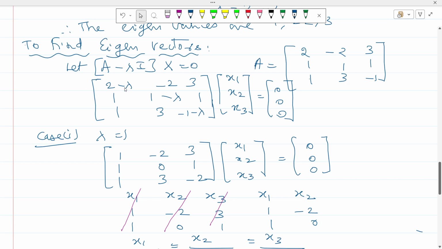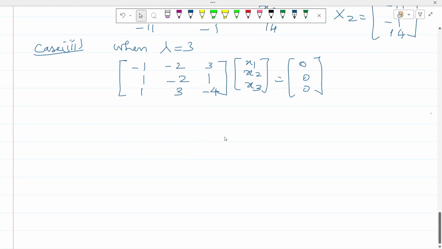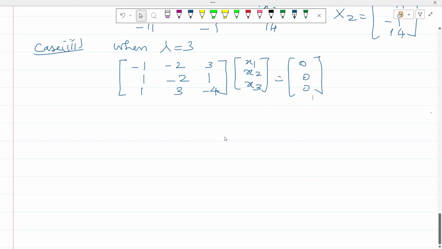When you are substituting the value, you have to do it very carefully. Then only you will get the correct eigenvectors. Now to solve that, take the two non-identical rows. Which are the two non-identical? Row 1 and row 2 we can consider.